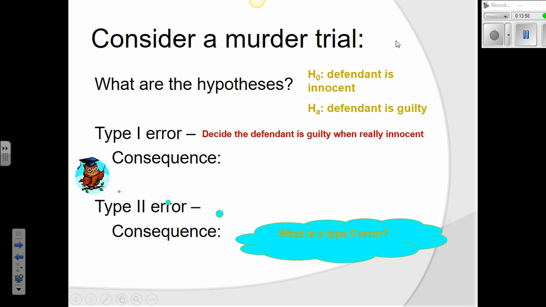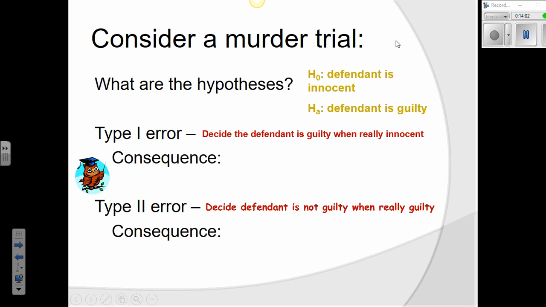So you said the defendant is not innocent, but they are. So this is the defendant is not guilty when they really are guilty. So the defendant is not guilty in favor of the alternative that they are. So this statement is false. The defendant is innocent is false. But you don't reject it.